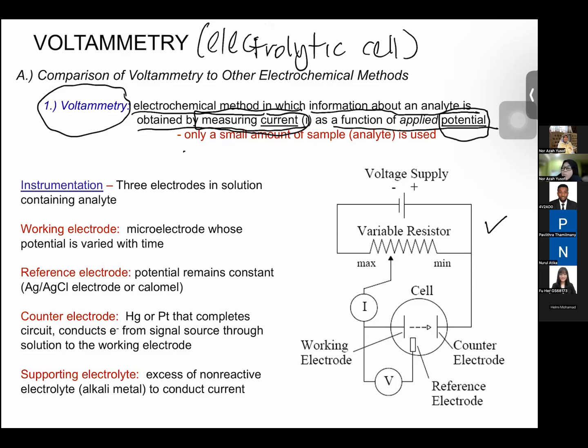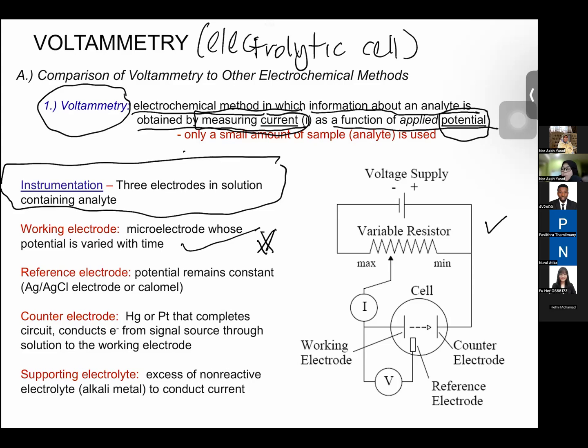Now we look at the instrumentation. It's a three electrode system. Basically we have the working electrode, and this is the most important. This is where the reaction happens. Then we have a reference electrode, which controls the potential as a baseline.